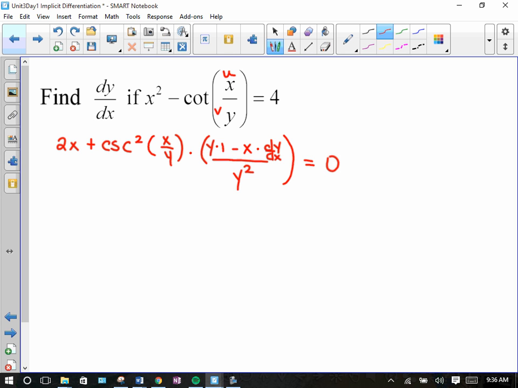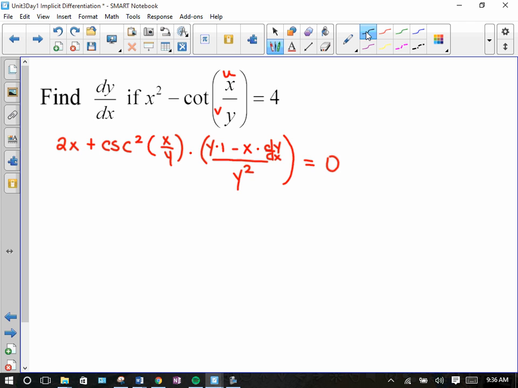Nice thing is, we only want dy/dx. Alright, so what's the first thing that you guys are doing to get dy/dx all by itself so you can figure out what the derivative is? Yeah, good. Can't move anything over to the other side yet. You got 2x over there.